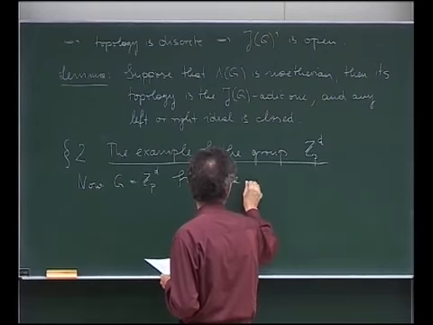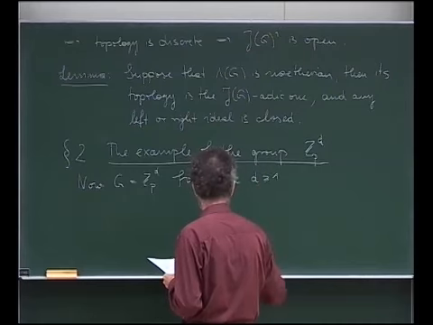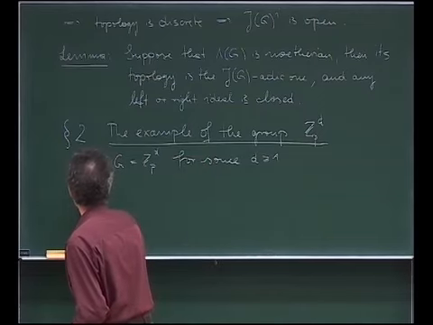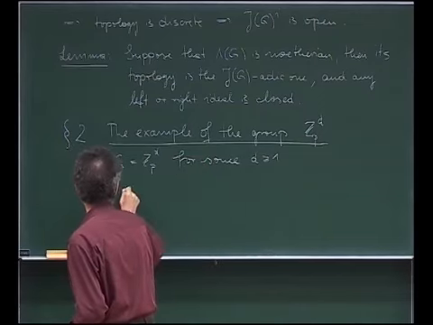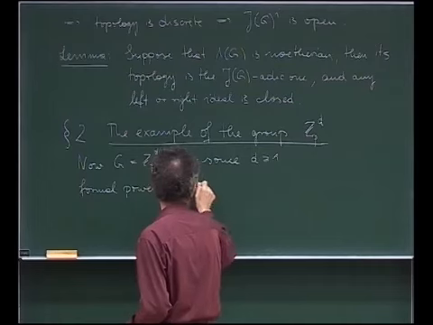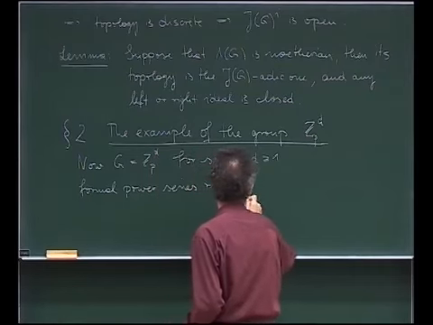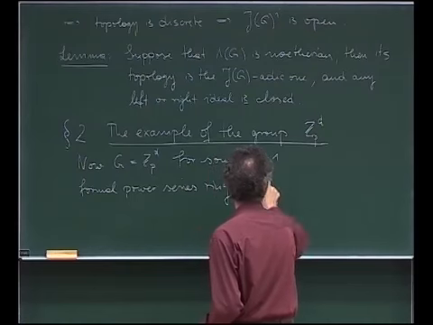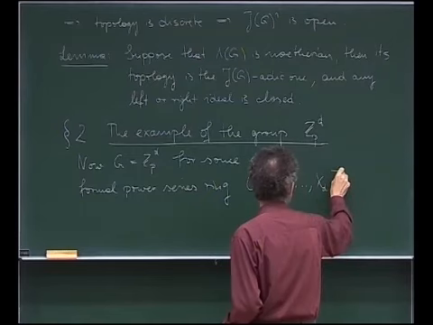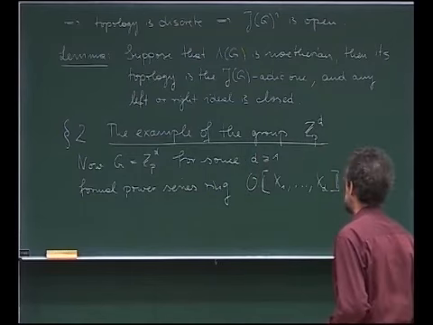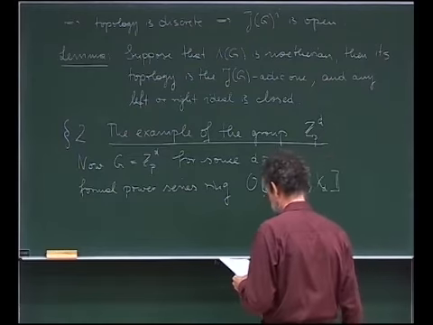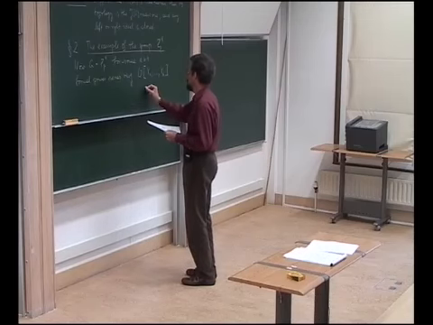So this is my group now, G. And we will compare this with the formal power series ring over O in d variables, x1 up to xd.